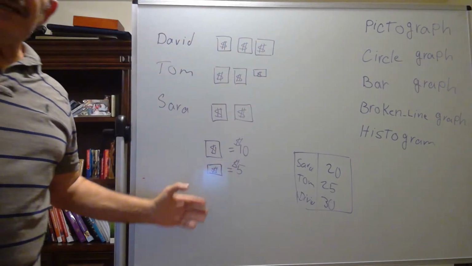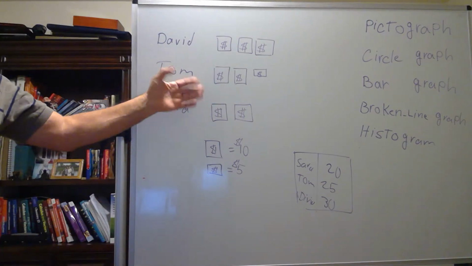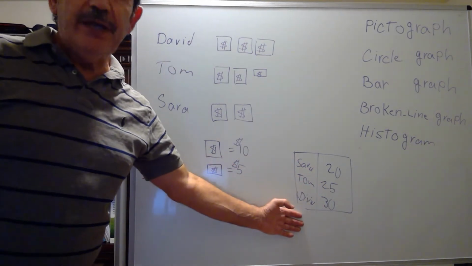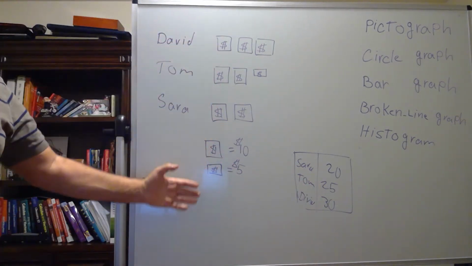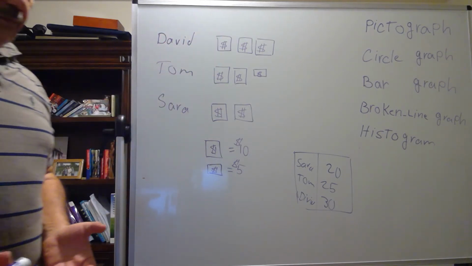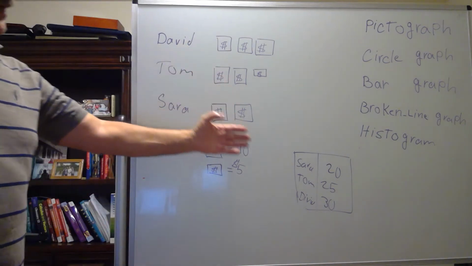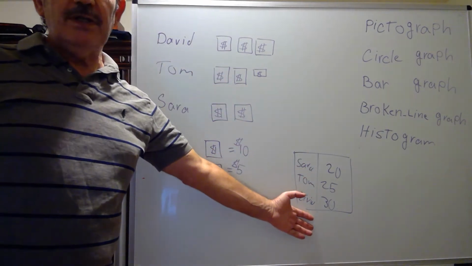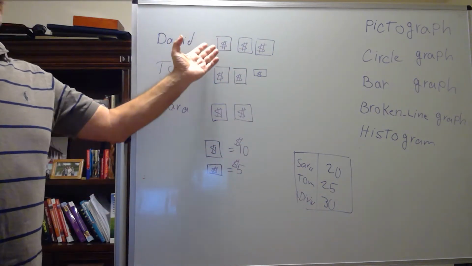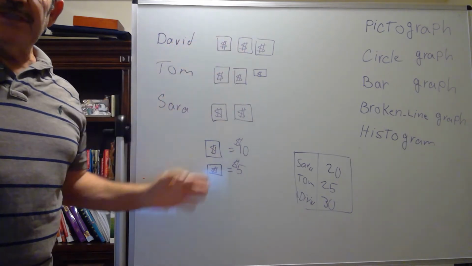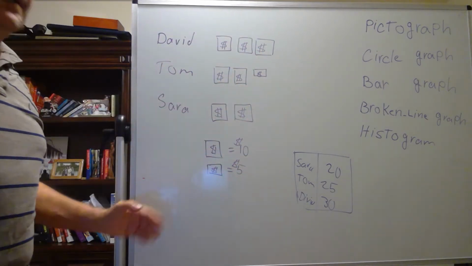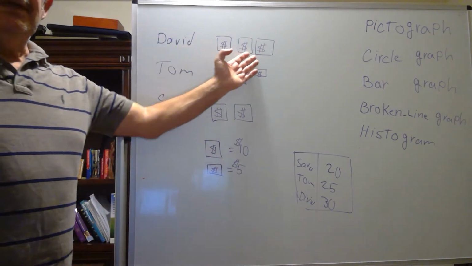The picture is more attractive and easier for showing the information, especially when we have too much information to show. If it was a big table, it would be hard to understand, and not attractive at all. But in this way we can make it colorful and define more attractive symbols to show the information. This type of graph we call a pictograph, where we use symbols to show the information.